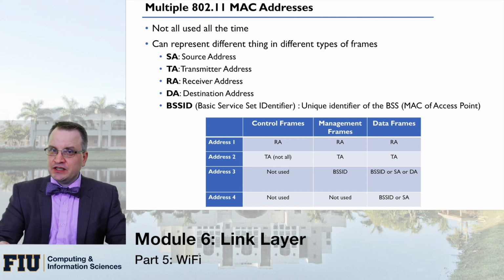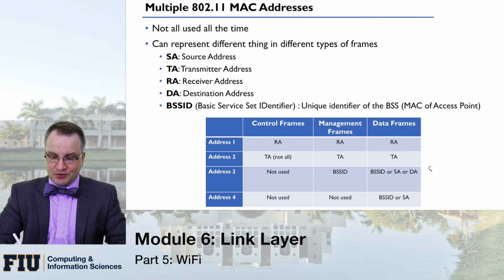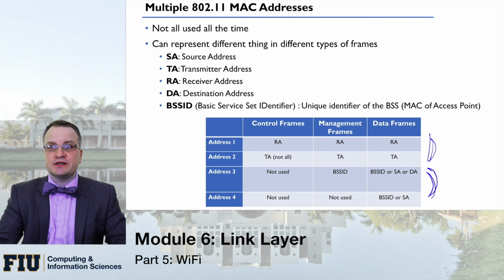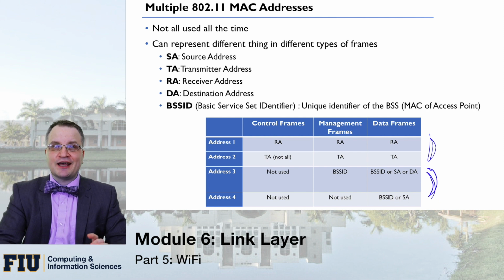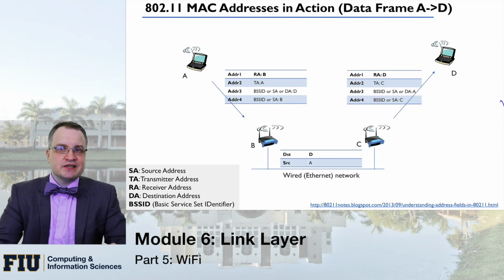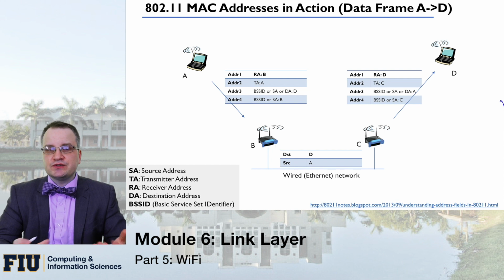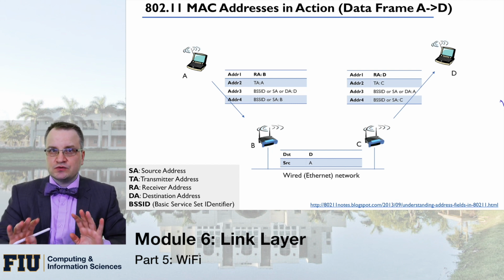And even in data frames, it depends, so there are multiple options for what address 3 and address 4 represent. And there's always a very definitive definition of what address 1 and address 2 represent. But I'll try to cover with an example what exactly is happening with the data frame. Imagine the case that station A is trying to send a frame to station D. In this example, we assume that A already figured out the MAC address of D, so it knows about it.